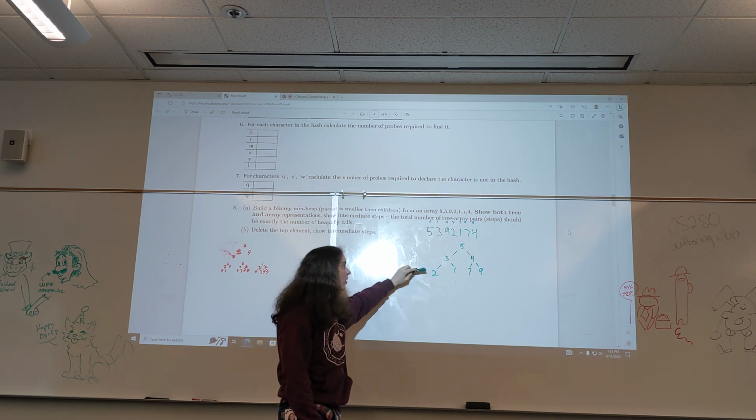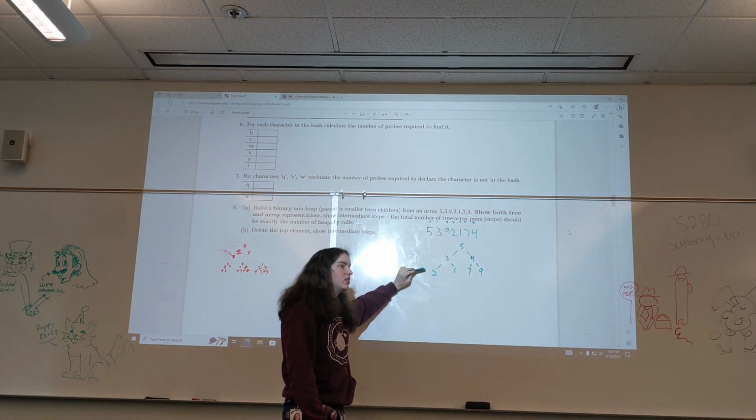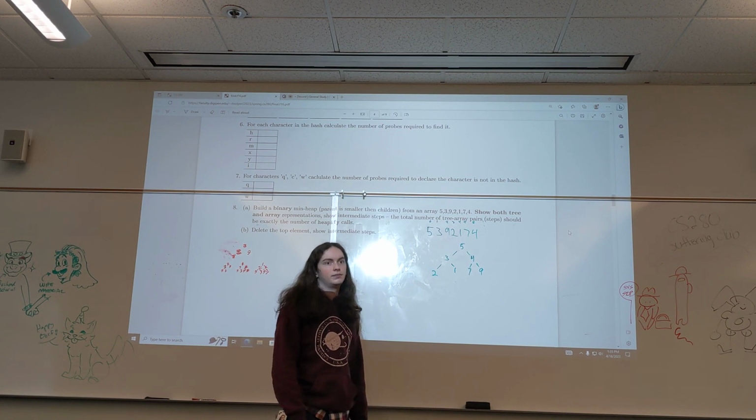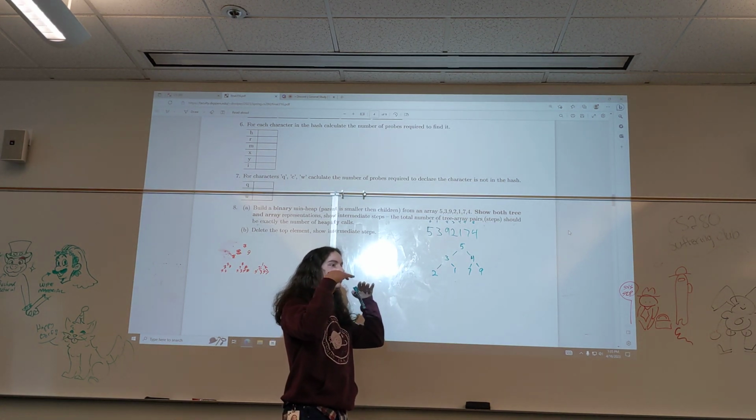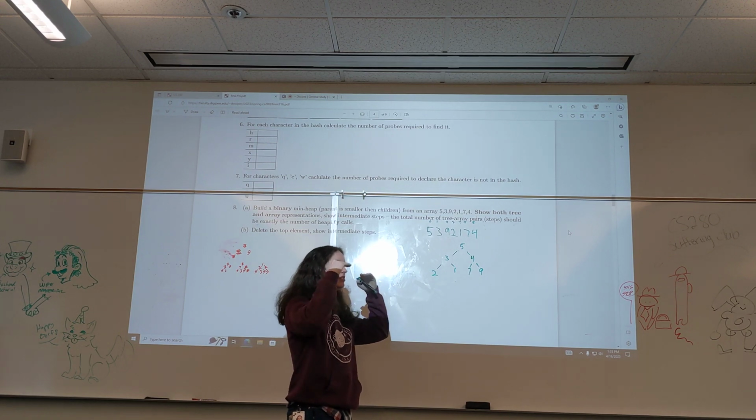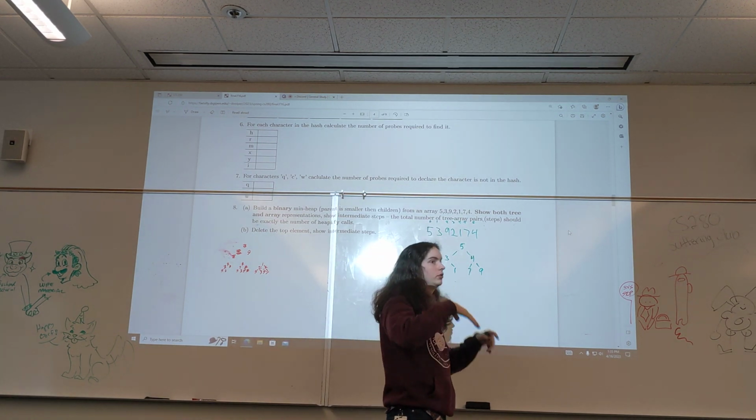So we know that they already satisfy that condition, and we don't need to check them. Size over 2 means everything besides the last layer, because it's a binary tree. You start at the last thing that has a child, the second to last layer, because that's the only layer that has children.